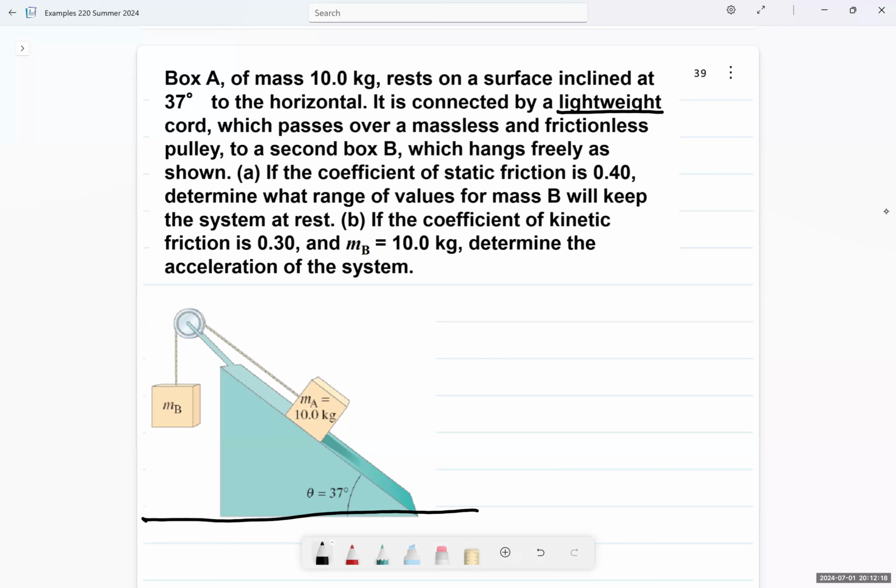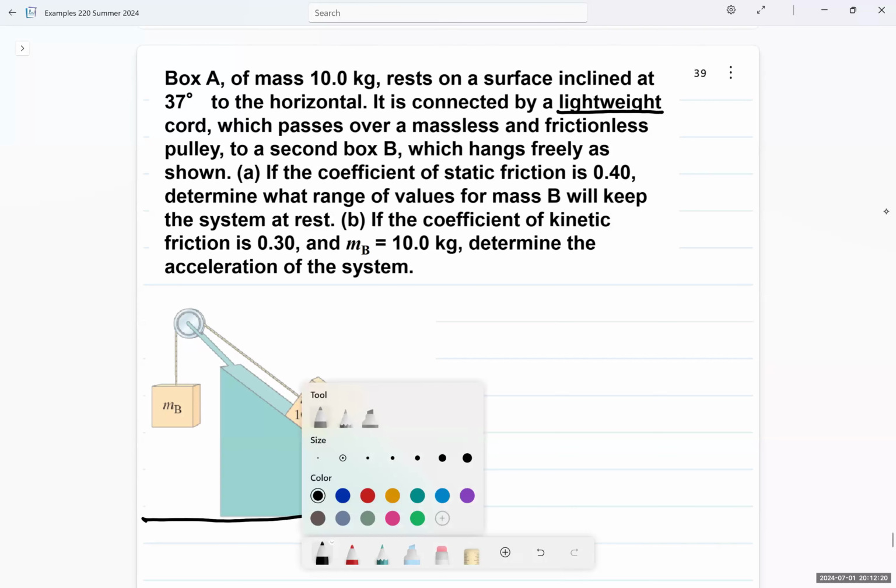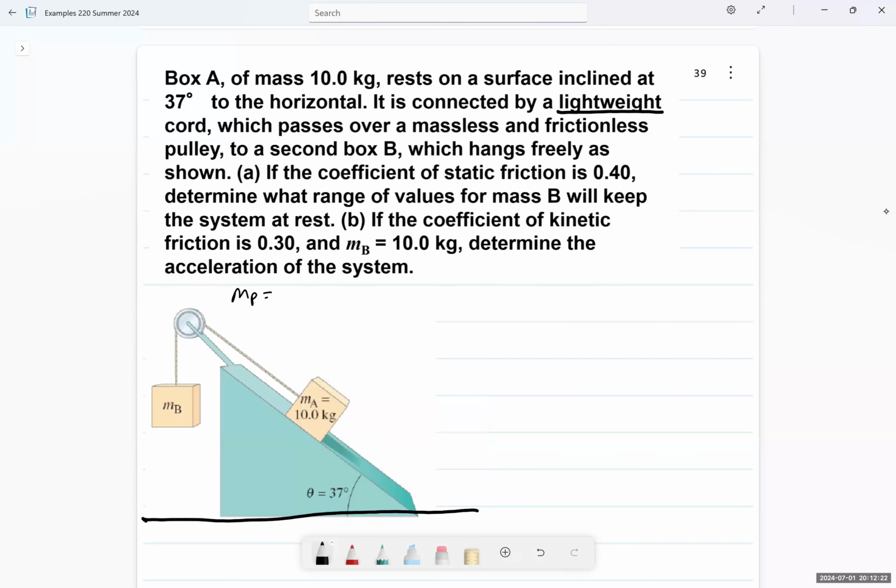So mass of the pulley is 0, mass of the cord is 0, and friction of the pulley is 0. We can ignore any effect from cords and pulleys. It's connected to a second box B, which hangs freely as shown.